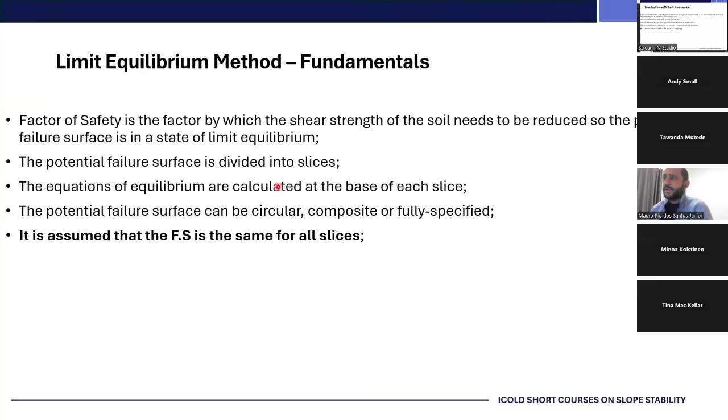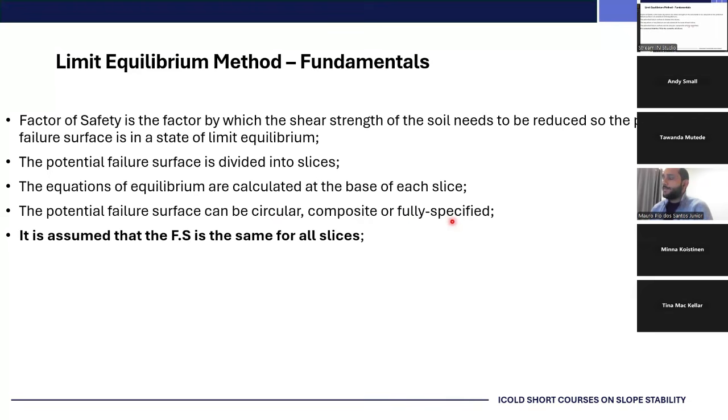And originally in the publications, if you go back to the work done by Morgenstern and Spencer and others in the 50s and 60s, people were calculating factors of safety using circular slip surfaces, but now there are many software packages around that allow you to calculate more complex failure surfaces, such as composite or even fully specified. You can specify a failure surface and calculate the factor of safety on the base of those failure surfaces as well.